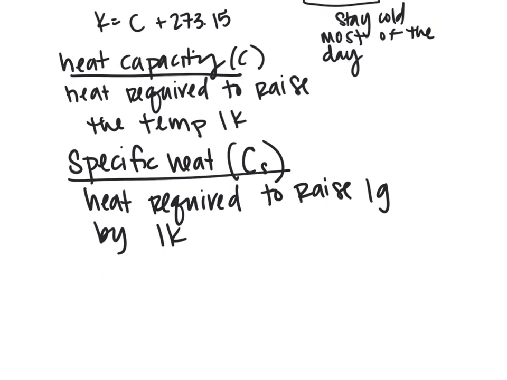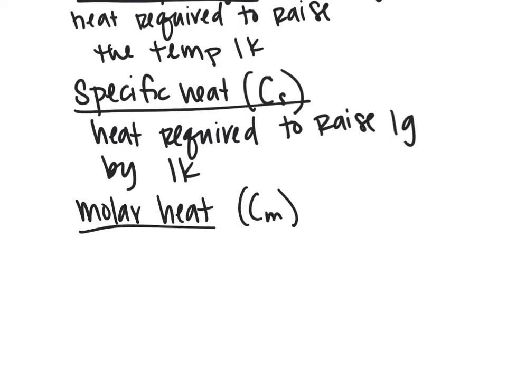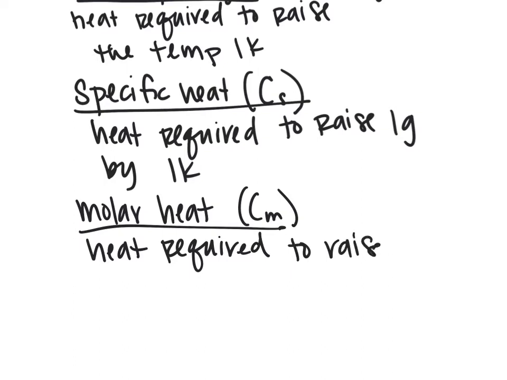And so the heat capacity C is related to the specific heat capacity and the molar heat capacity, which is C sub M. And this is the heat required to raise 1 mole by 1 Kelvin. So the specific heat capacity and the molar heat capacity are going to be related to one another.